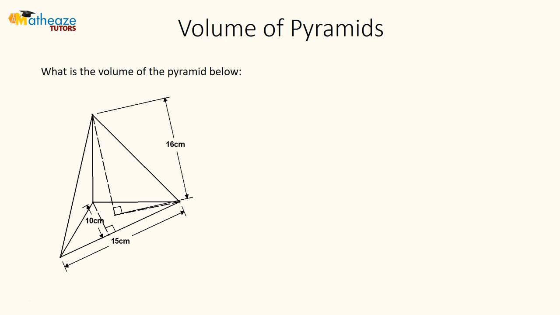So let's look at an example. So we have the volume is 1/3 area of base multiplied by height of pyramid. So let's look at the area of the base first.